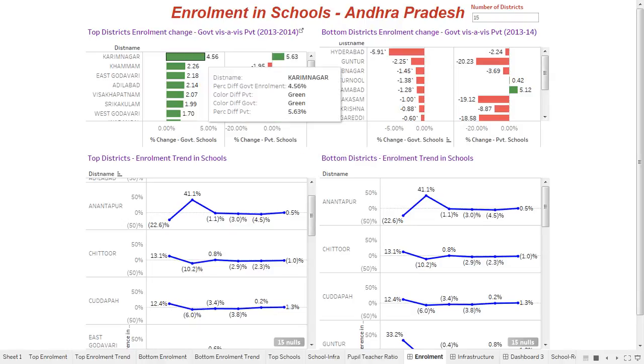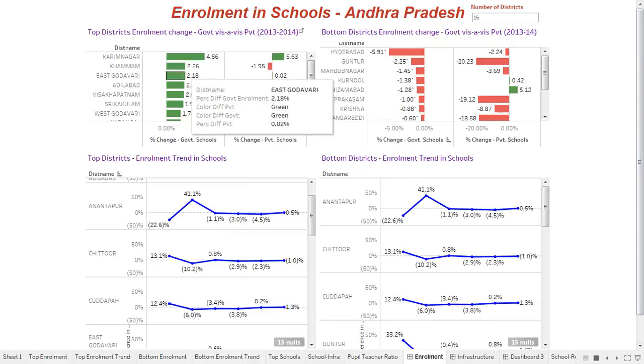For example, Karimnagar showed the best figures in terms of enrollment. That is, there has been a 4.56% incremental enrollment in the current year 2014 compared to the previous year, 2013.